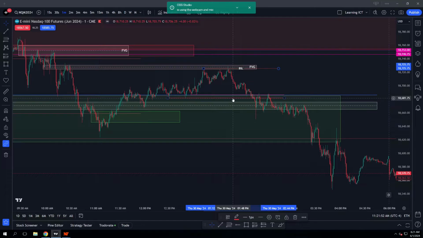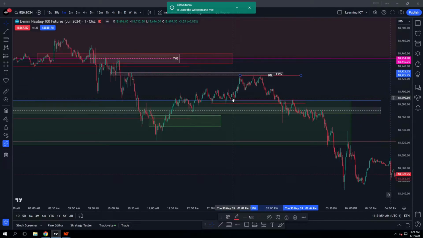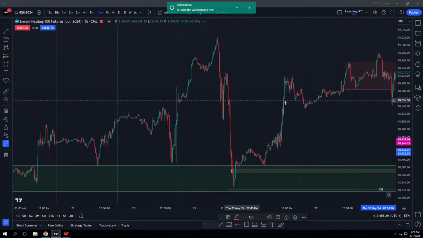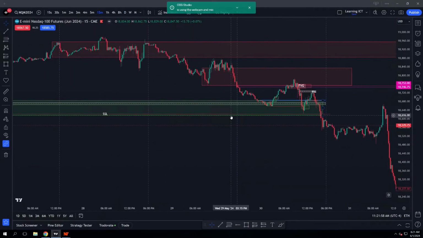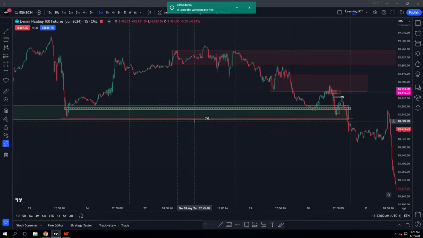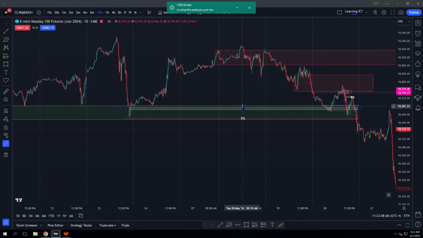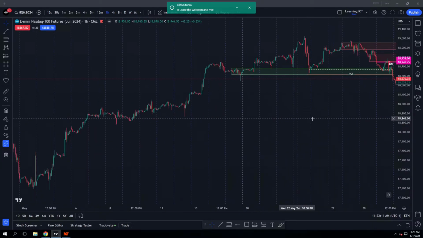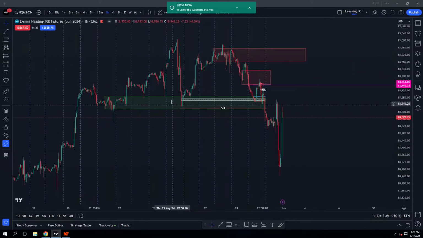So let's go to a higher time frame. So that sell side liquidity that we've marked, right? It finally got broken in the afternoon, and this 1 hour bullish breaker was finally broken.